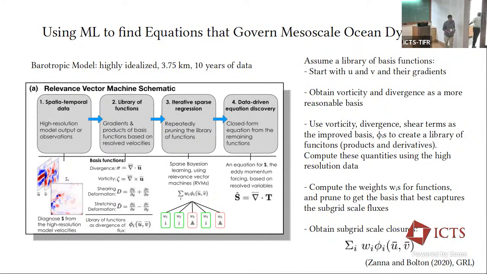What was the first question? The first question was that if you don't know these basis functions for some problem, then how do we approach? Start with the basics, I guess.